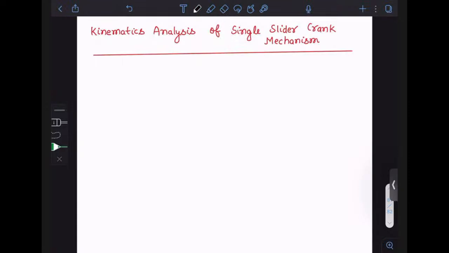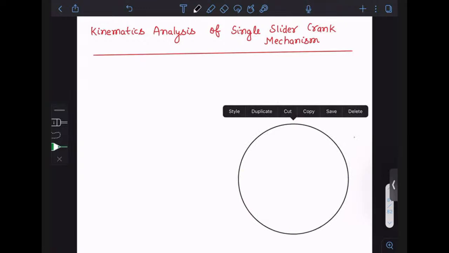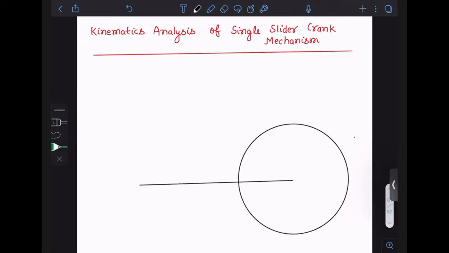So what is that here? Suppose this is the center, and this is the slider.